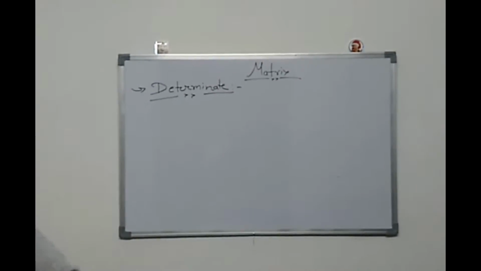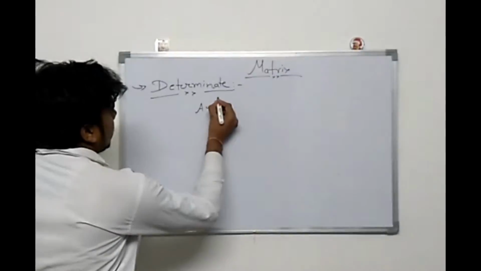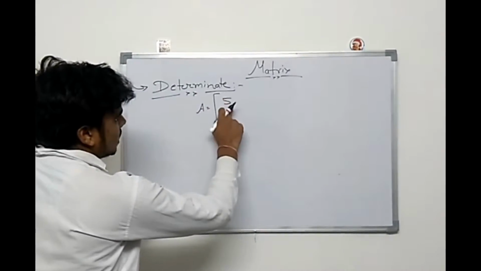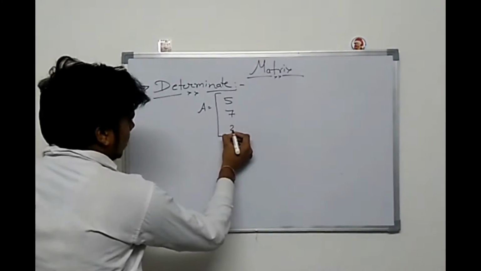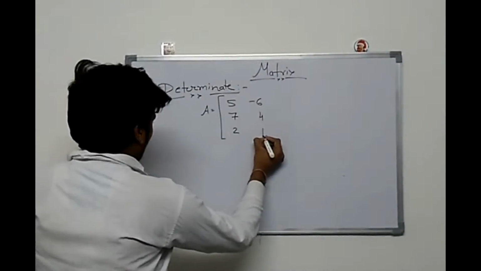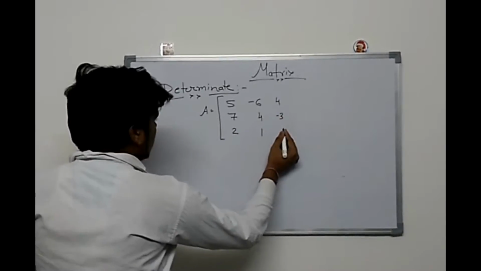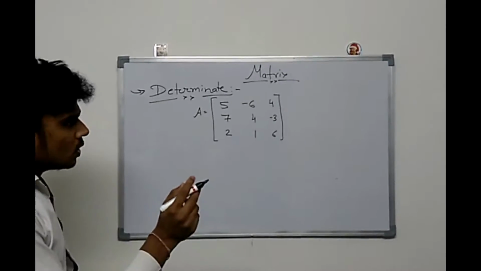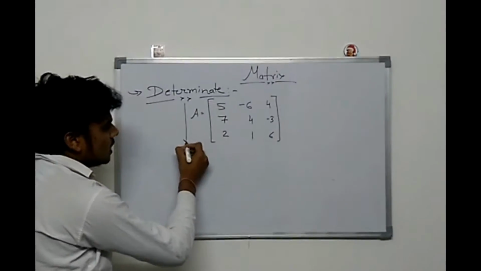Let's take A as 5 7 2, minus 6 4 1, and 4 minus 3 6. This side is called the row and this side is called the column.